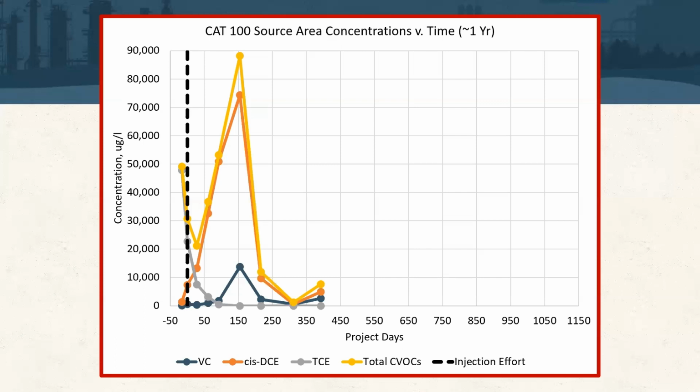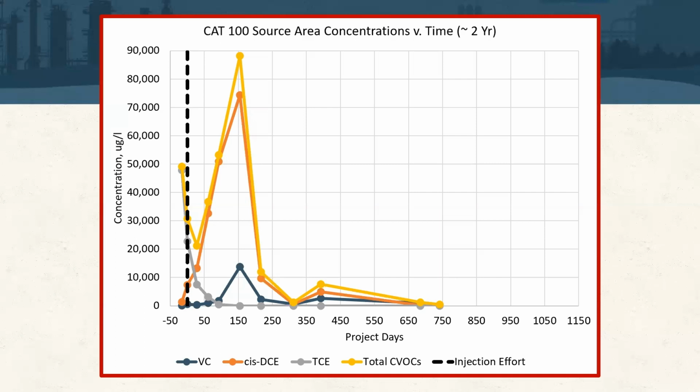We fast forward to about a year post-injection, and we see all the concentrations have come down significantly. Total is below 10 milligrams per liter, but we still see about 5 milligrams per liter or so of DCE and about half of that of vinyl chloride.